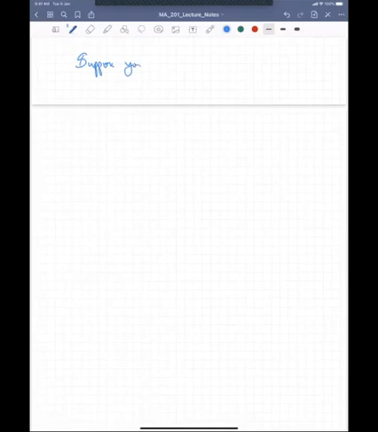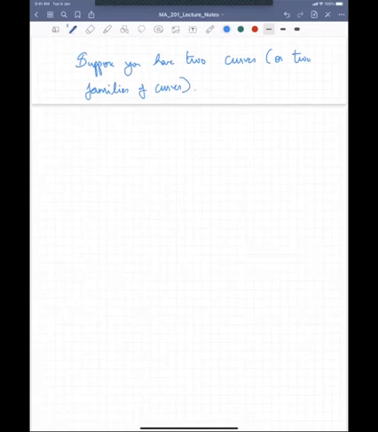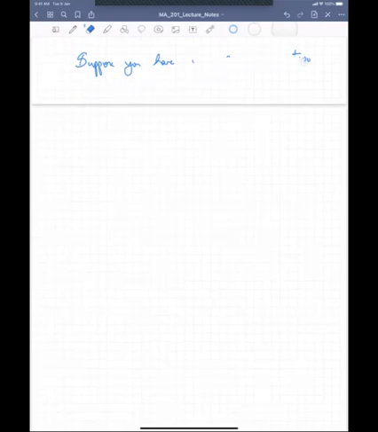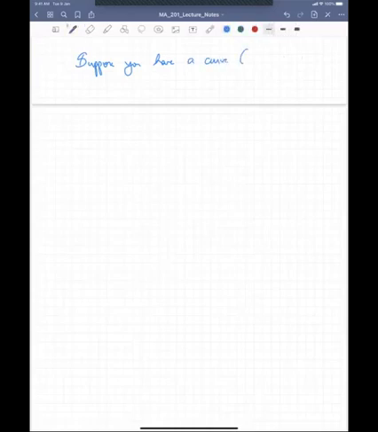So this in general can be turned into a mathematical problem of stating as follows. Suppose you have two curves or two families of curves. Or let me state it slightly differently. Suppose we have a curve or a family of curves.